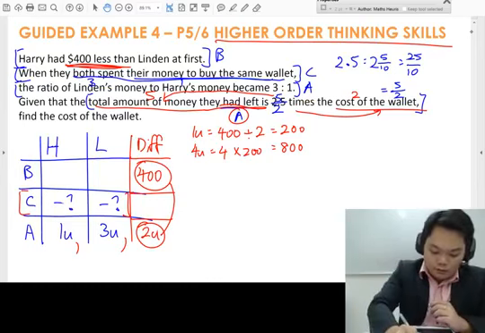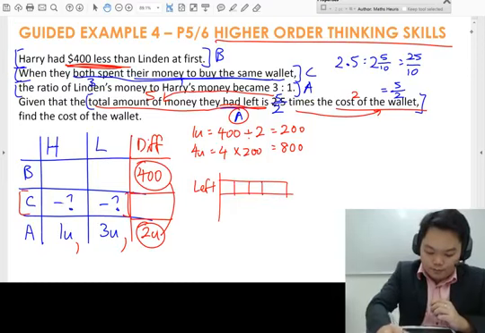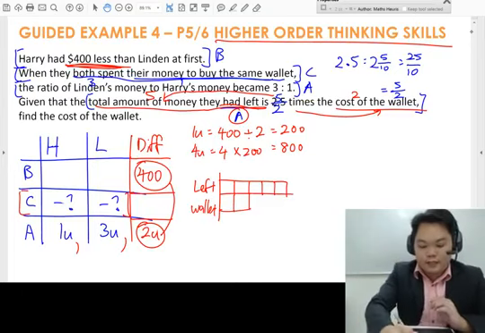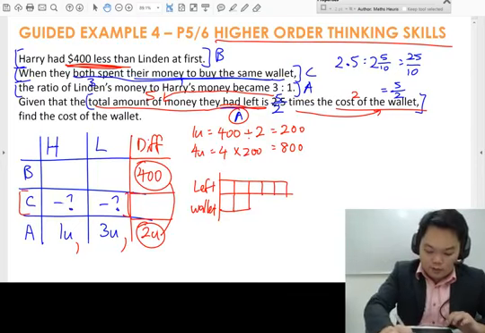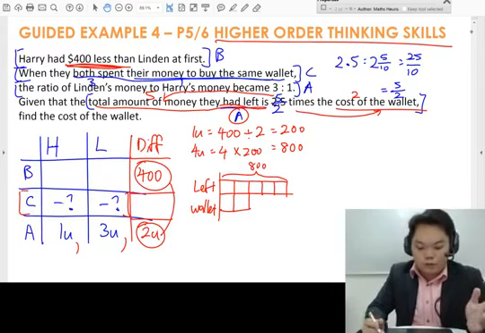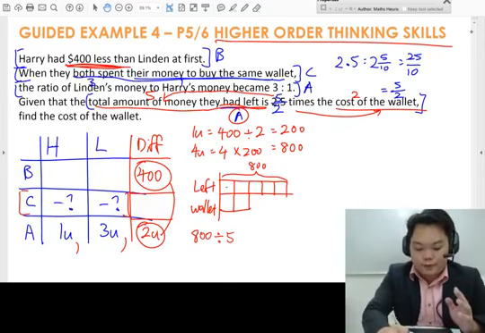Total left can be broken down into 5 blocks. The wallet would have 2 blocks. Then this entire leftover is 800. To find the cost of the wallet, you will now need to take 800 and divide it by 5 blocks to get one of the blocks value.